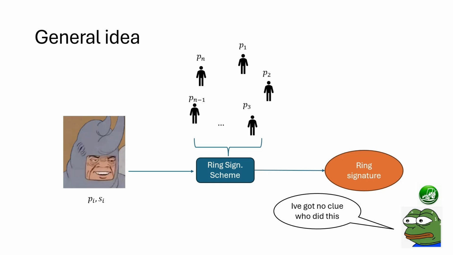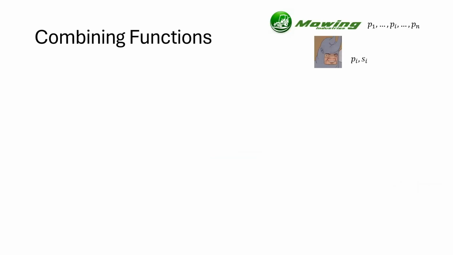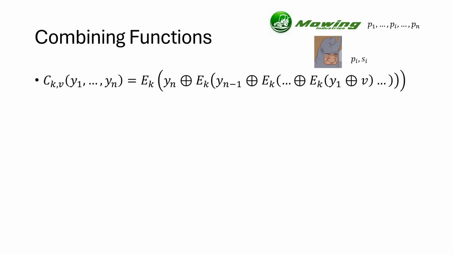Like I said just now, there are a few schemes that basically do this, but the overarching idea, whether it's using symmetric key encryption or bilinear pairing, is exactly the same, right? What these ring signatures are hinged upon is this thing called combining functions. This is a jargon term, which looks quite complicated, but don't worry, I'll break it down. Sometimes they call it the ring equation.